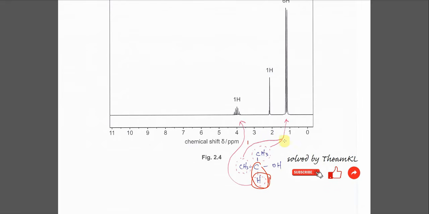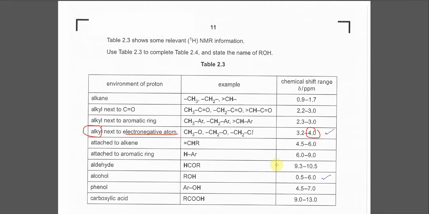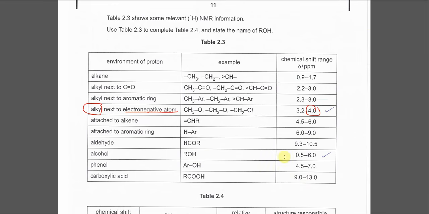And the one around 2.2 ppm must belong to the OH. You can check from this table, but the range is quite large, 0.5 to 6. Whenever you see a signal here, it's possible to be the OH in an alcohol.